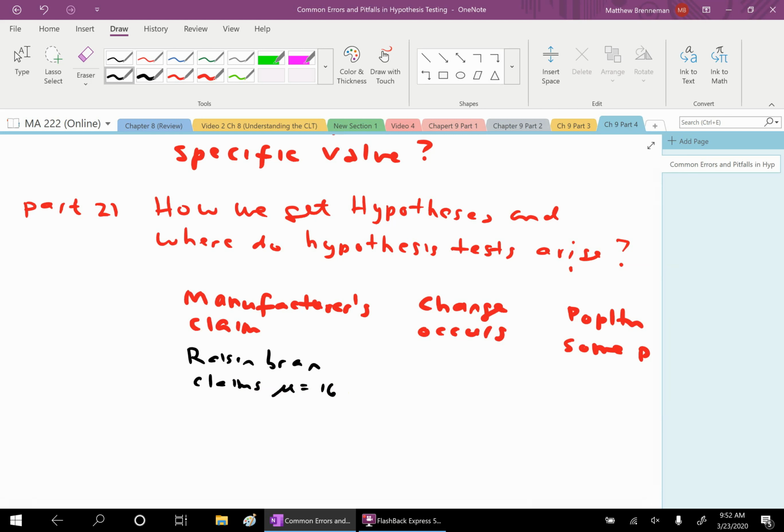We may have a situation when we're thinking about a scenario where a change occurs, where a law is enacted.